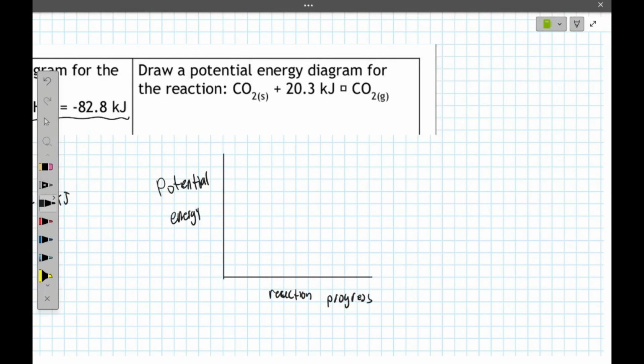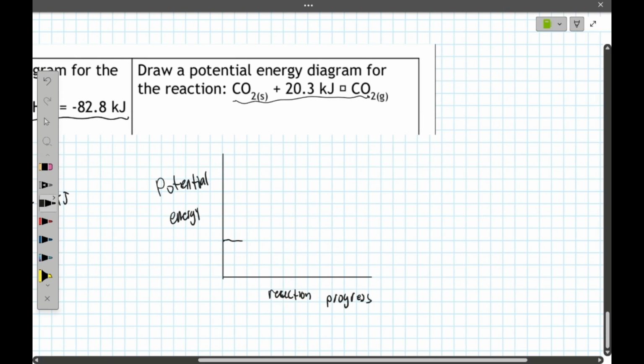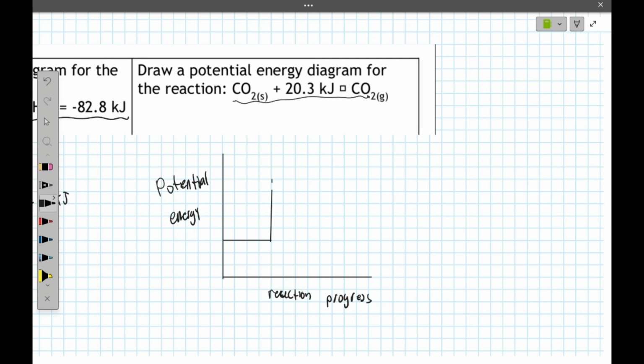So in this equation, we're given the energy on the reactant side. So again, what does this mean? This means that it is an endothermic reaction. So we're starting with the low potential energy, and then we're shooting up to show that we had an increase in heat energy, and then the reaction continues.